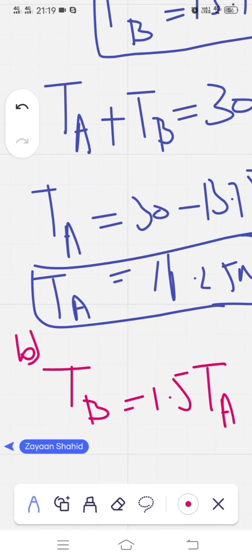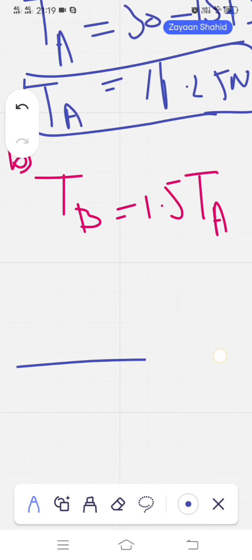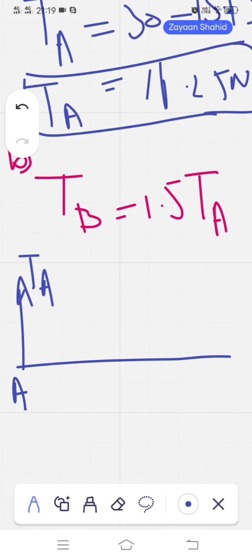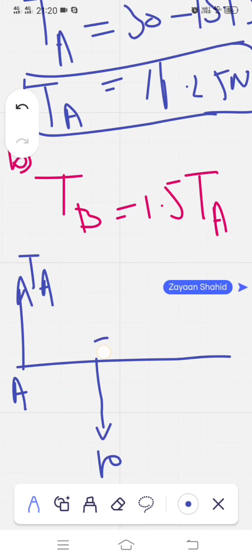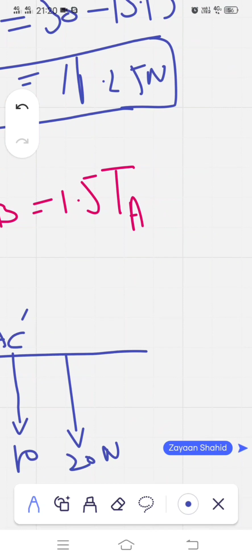We need to draw the figure again because the distance is changed now. This is the string A, this is the 10 Newton that is at the new position, that is C prime. First it was at the C. This is the 20 Newton. This distance is not given now. Let's take this as X. The total distance is 4.